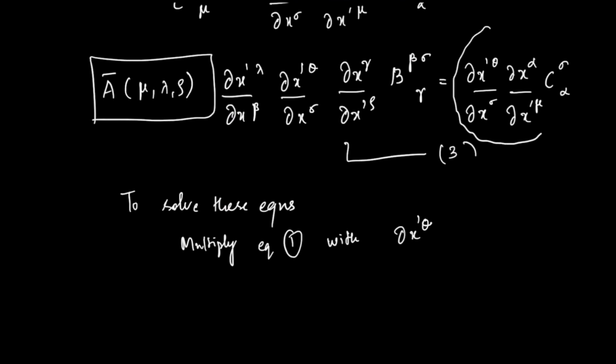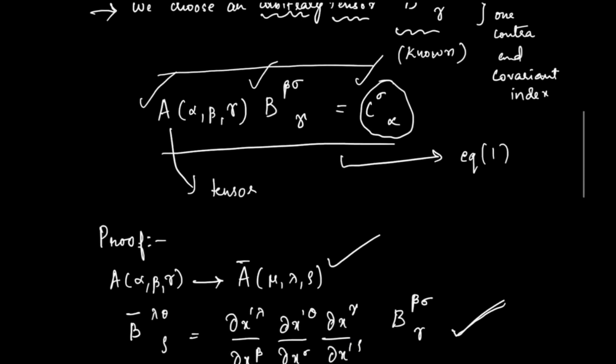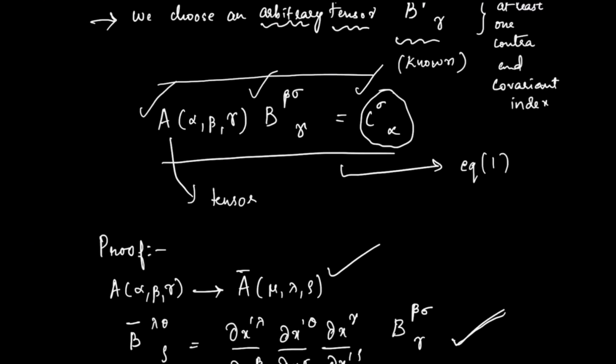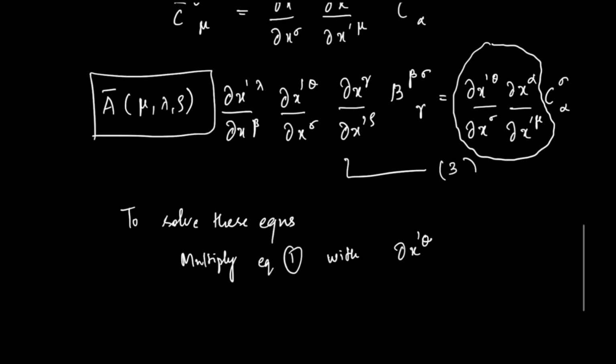Why am I going to multiply with this quantity? Because in equation 1, on the right hand side I have C sigma alpha, and in equation 3 also I have C sigma alpha. So if I multiply this quantity to equation 1, then the right hand sides of equation 3 and equation 1 will be equal, and it will be easy to simplify.